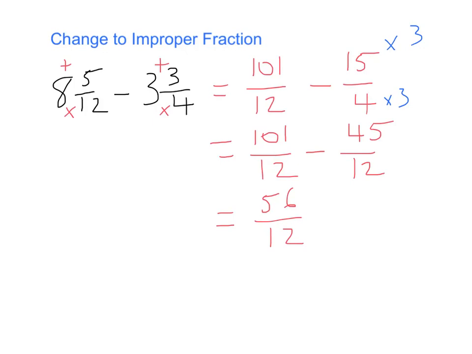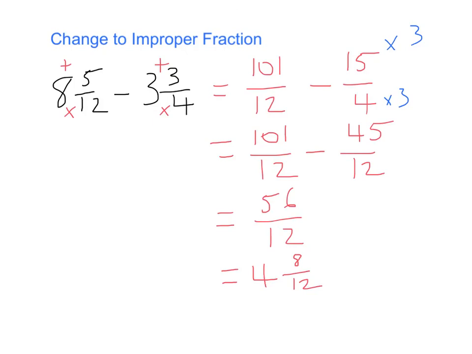Now, that's not the end of it. We still now need to convert it to a mixed number and simplify. So, 4 12s are 48, so we know that there are 4 whole in this fraction, and then 8 left over. But we can also see from this that both 8 and 12 are even numbers, so we still have to simplify it down.